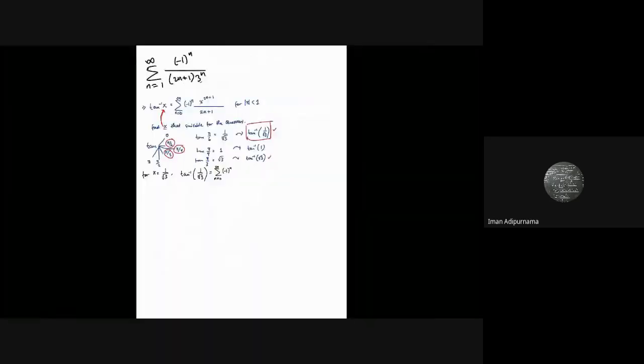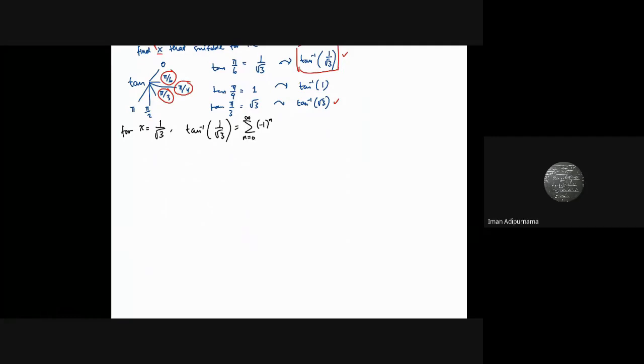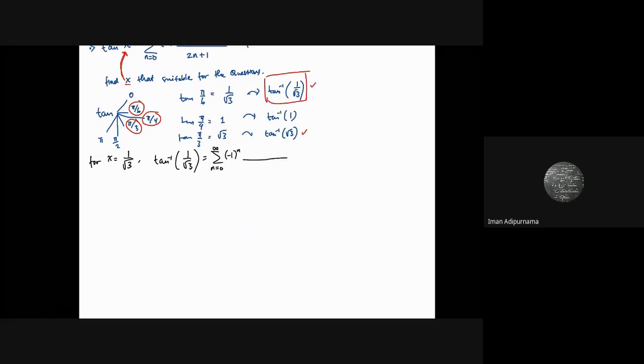Okay, back to the questions here. Okay, now we are going to replace x with 1 over square root of 3.